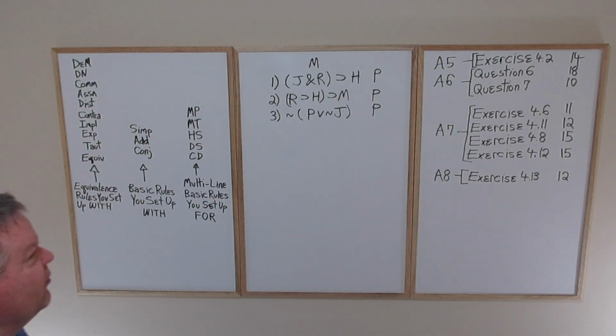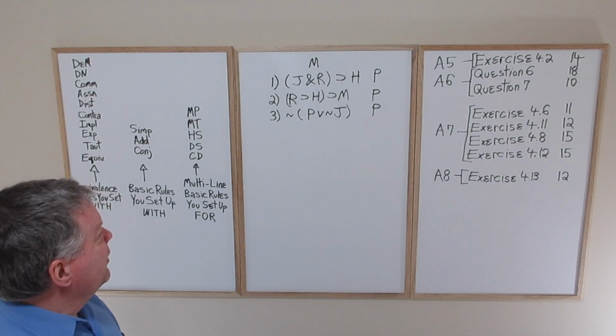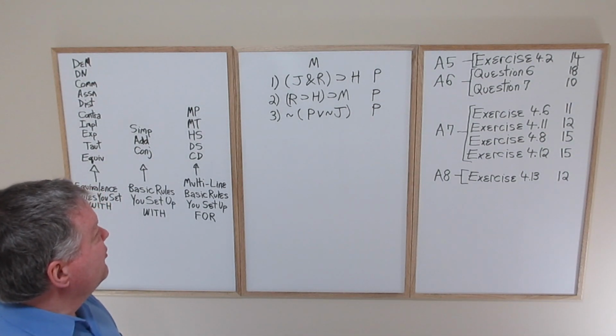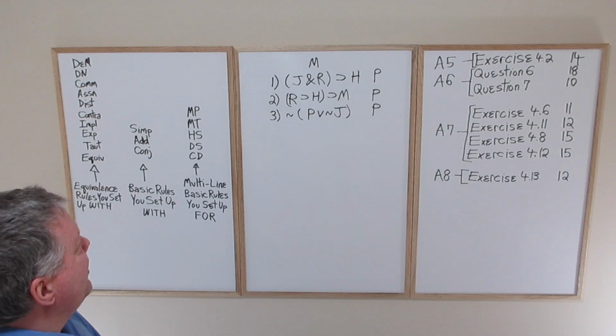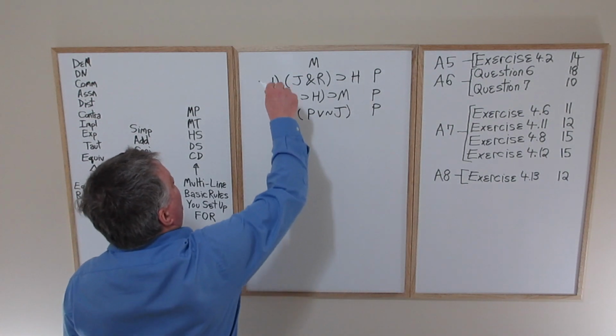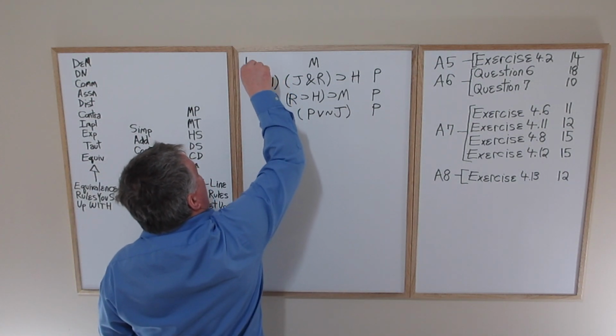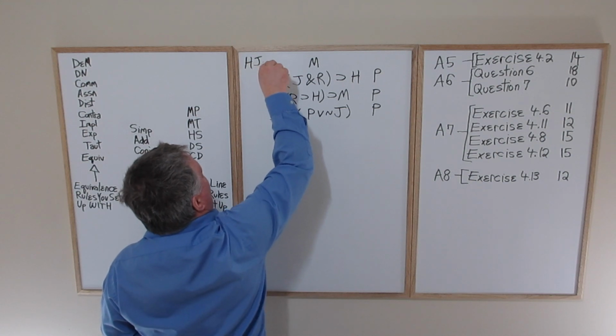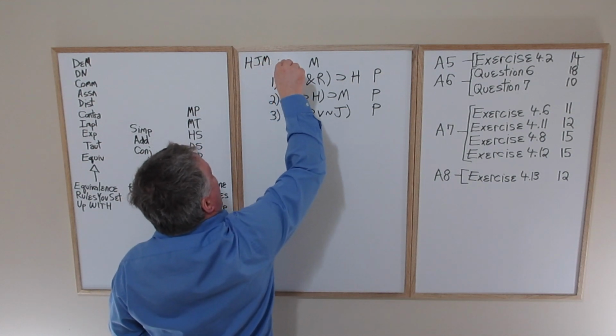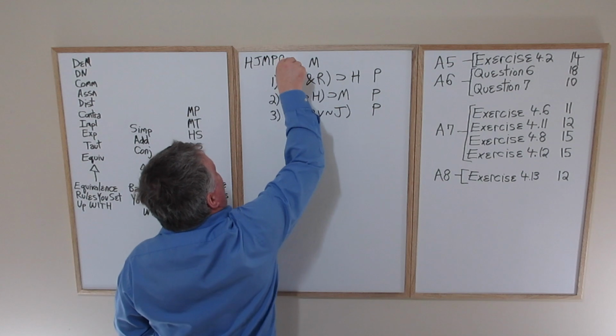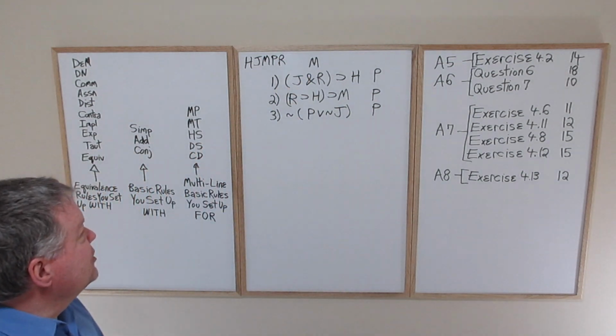Here's one that's a little bit trickier. We've got 3 premises in this proof, and we've got, I'll put them alphabetically, H, J, M, P, and R related information.